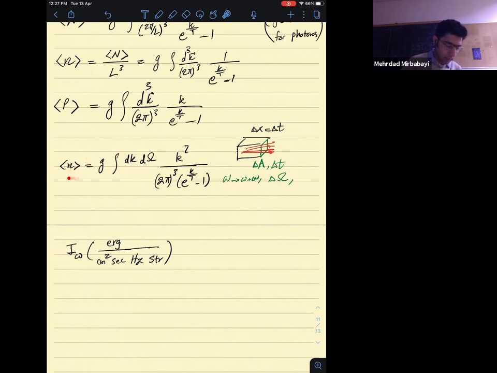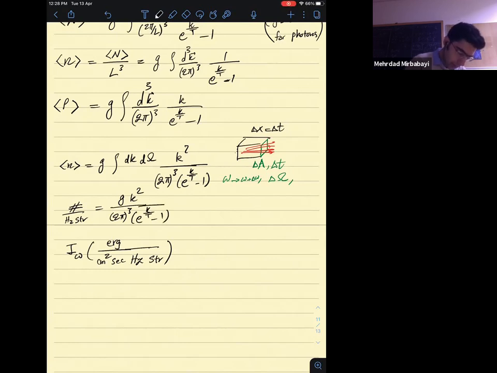And since we have the density here, counting all of those would be multiplying. So that number would be just G, this would be number per unit frequency per unit volume, G times k squared divided by 2 pi cube e to the k over T minus 1.